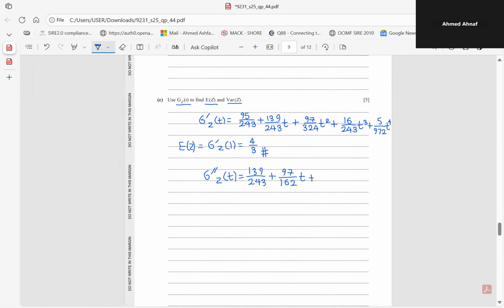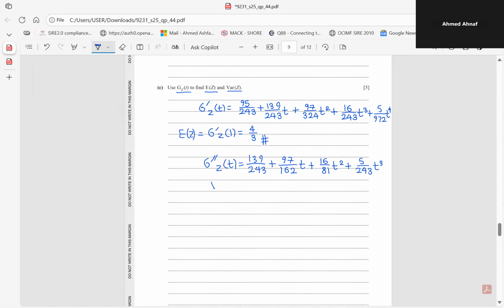Plus t cubed becomes t squared, so 3 times 16 over 243, you will get 16 over 81 t squared, plus 4 times 5 over 972, you'll get 5 over 243 t cubed.